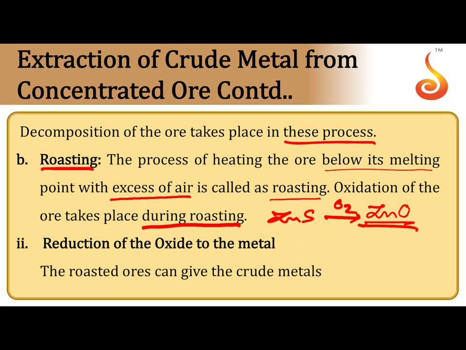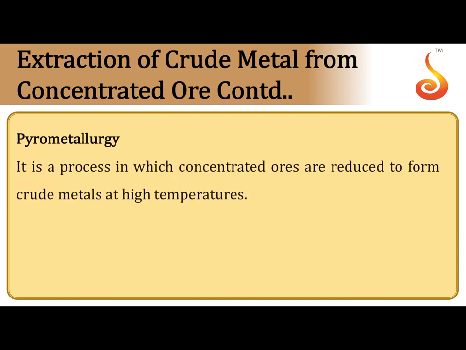This is roasting. Next, after calcination or roasting, after getting the oxide ore, by removing oxygen, by the reduction of the oxide ore, we can get the crude metal. The roasted ores can give the crude metals. Next one, pyrometallurgy.